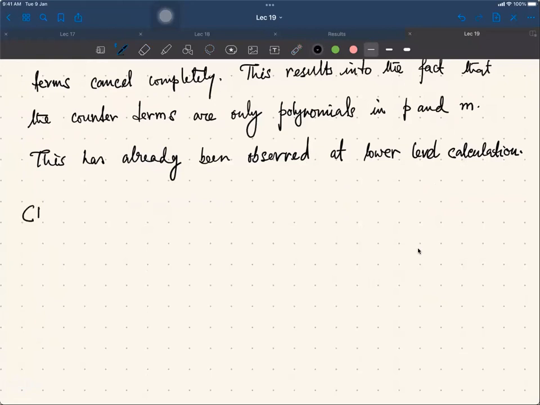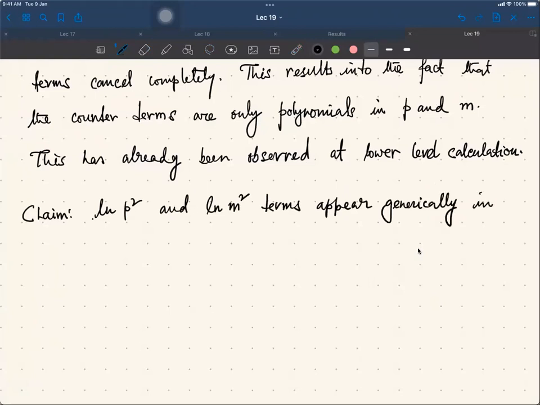Now the claim is that log p square and log m square terms appear generically in finite parts.